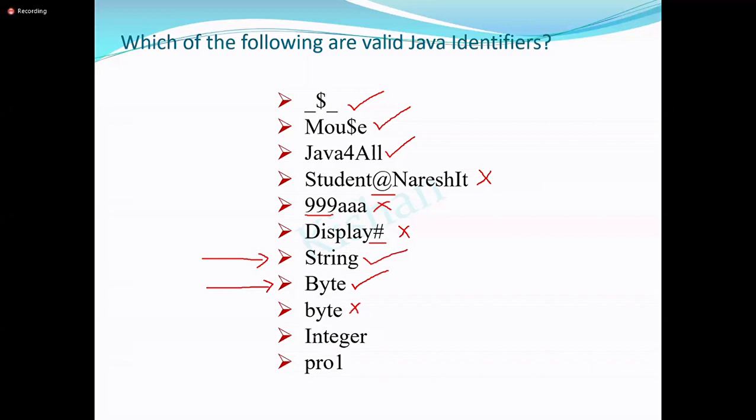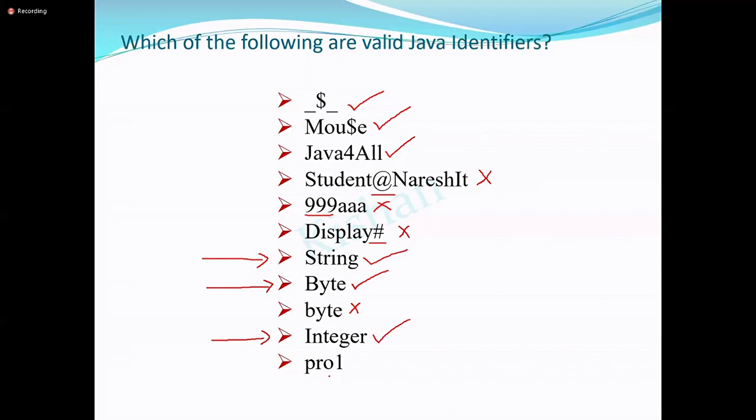Okay. What about integer? Same scenario. This is not a primitive data type. It is a wrapper class. Guys, as of now, kindly please do remember, wrapper classes are predefined Java classes. Just remember like that. We'll be discussing about them. So this is also valid, but highly not recommended. Okay. Now what about Pro 1?